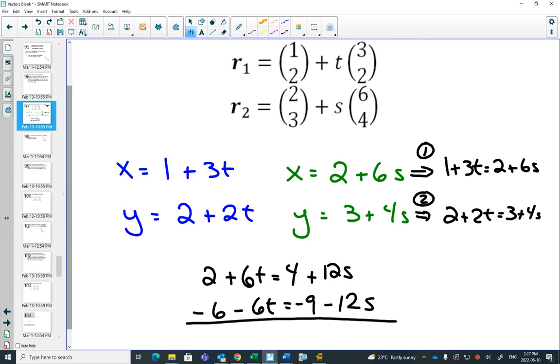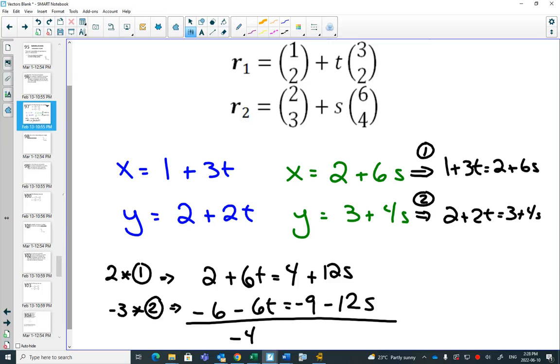I multiplied by those numbers. So I took 2 times equation 1, and 3 times equation 2. I did that so that I could eliminate one of the variables. I was hoping to eliminate the t's. So now when I add those 2 equations together, my t's go away. On this side, I'm just left with 4. But unfortunately, so do my s's.